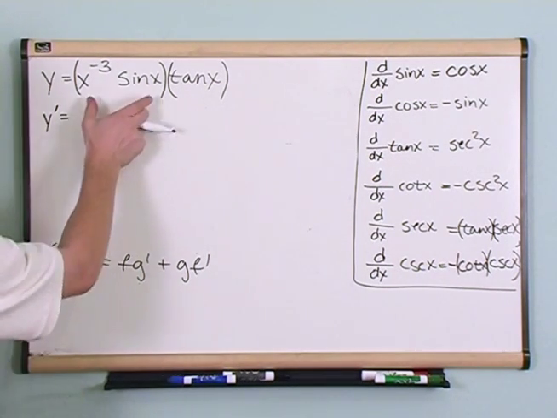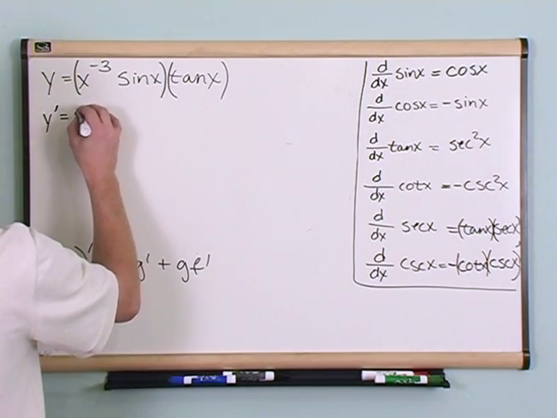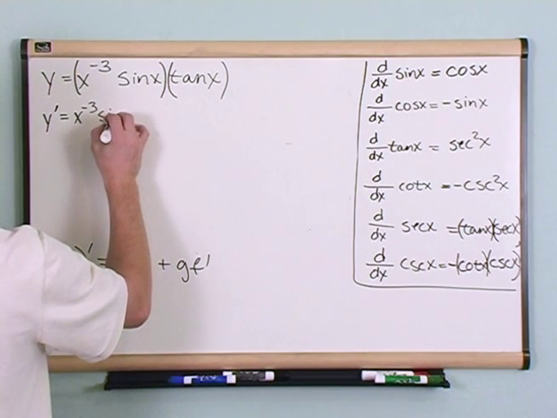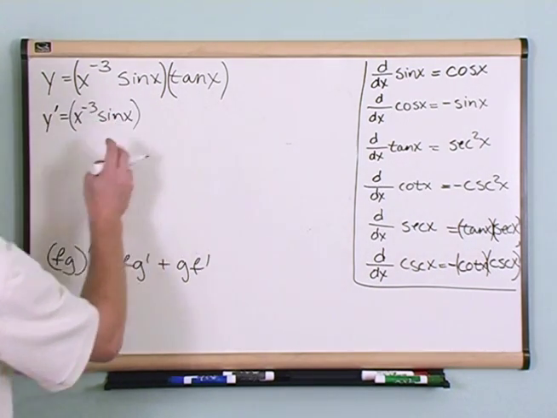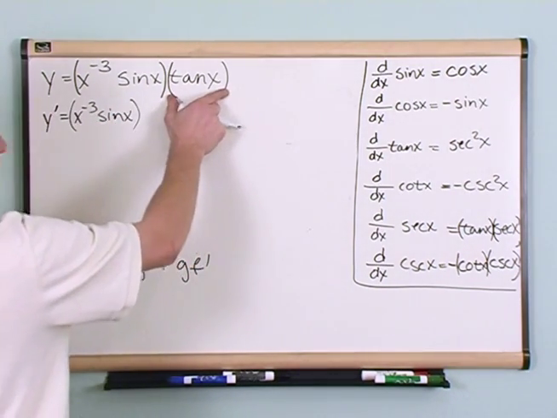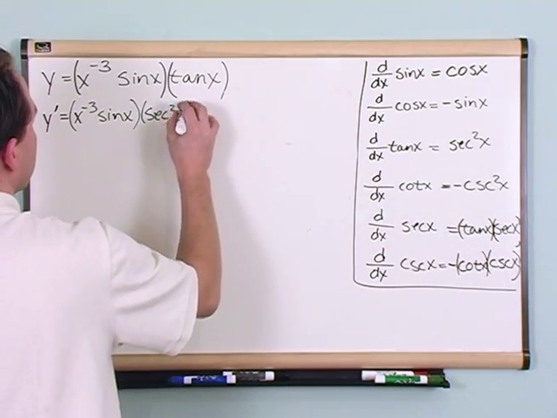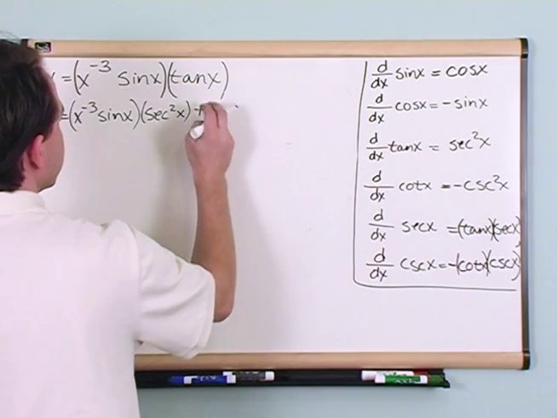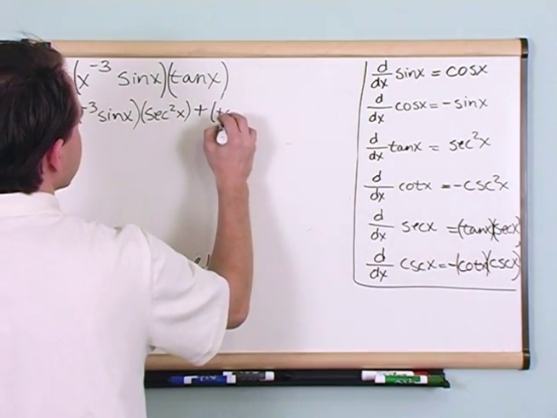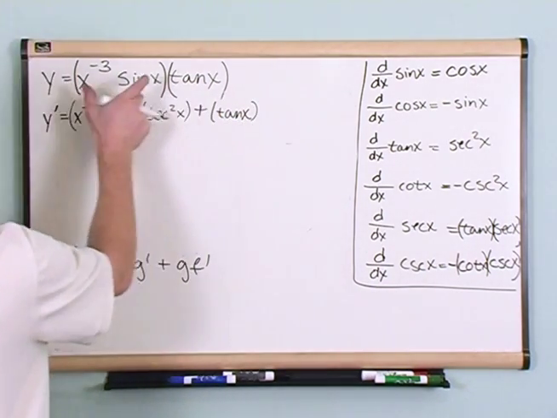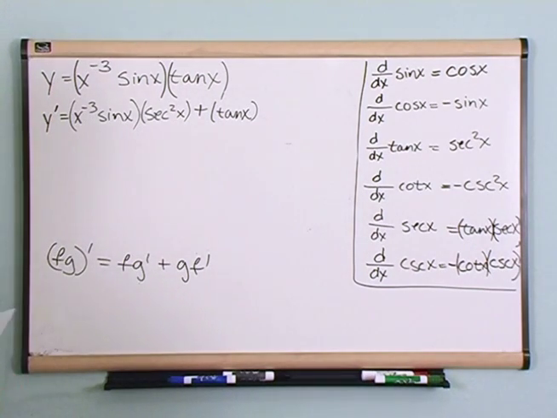So the first term is just x to the minus 3 times sine of x, okay, that's a term, times the derivative of the second term. Derivative of tangent is secant squared, okay, plus second term is tangent of x times the derivative of the first term.